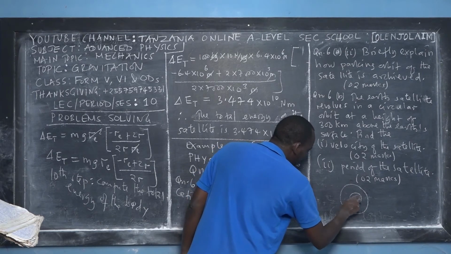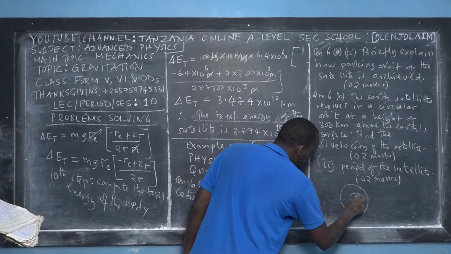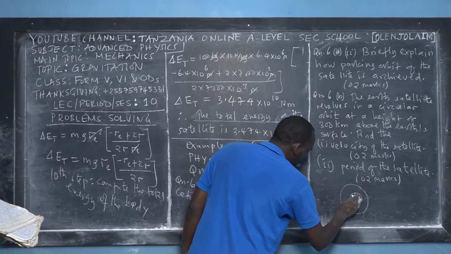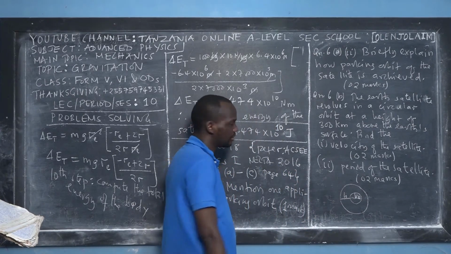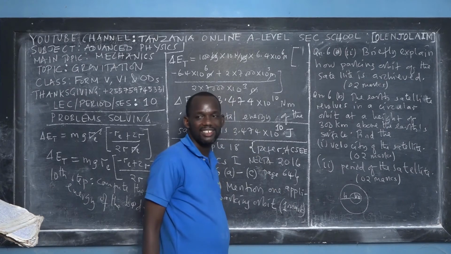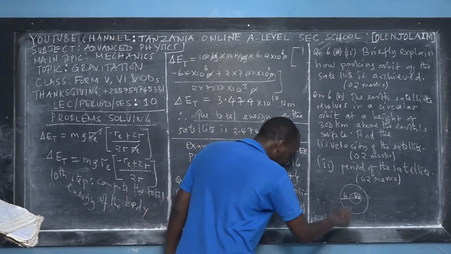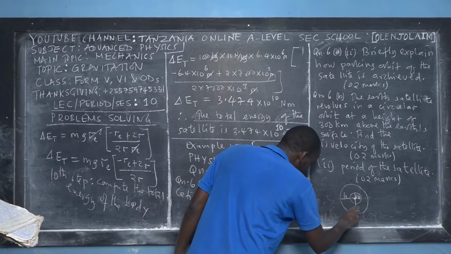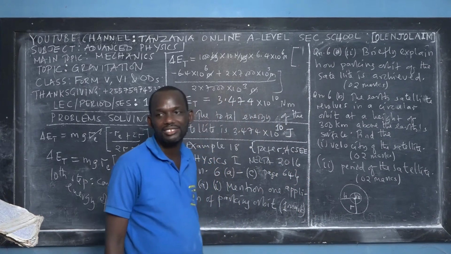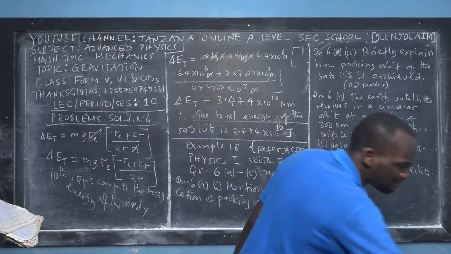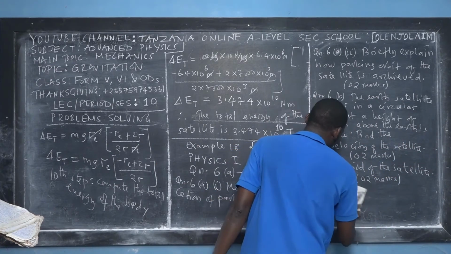Here we have the radius of the Earth, RE, and at this point we also have the height. The height is equal to 300 kilometers. We differentiate it from R, which is from the center of the Earth to the orbit of the satellite. I'm helping you.